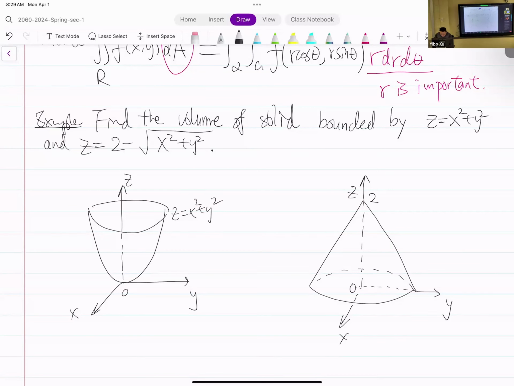When z is 0, the cross section is x squared plus y squared equals 2 squared, so the intercepts at the x and y axes are both 2. The circle is centered at the origin with radius 2. Indeed, this height is exactly the same as this radius, so this is exactly a cone.